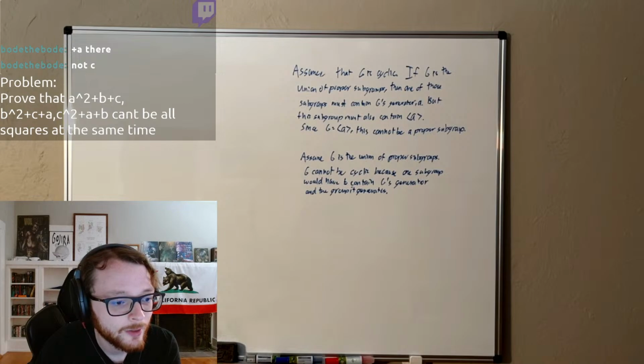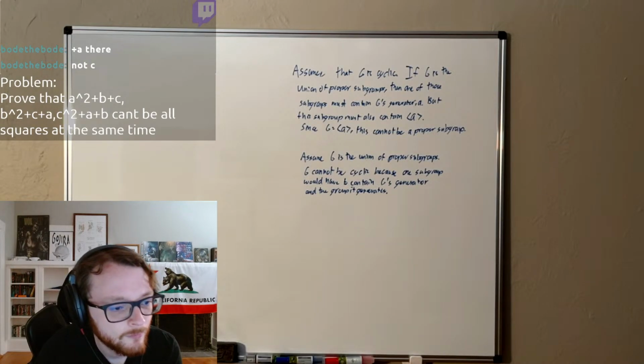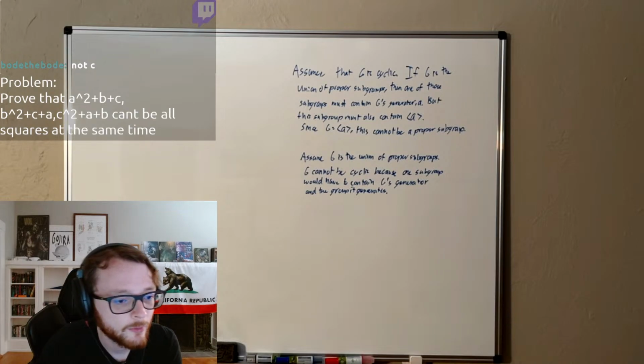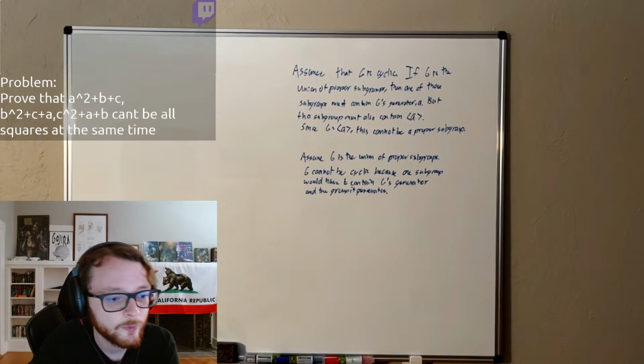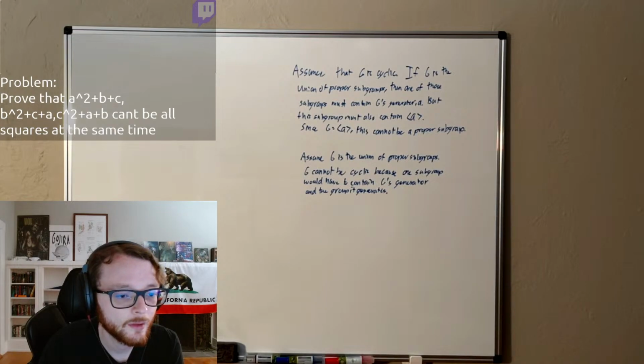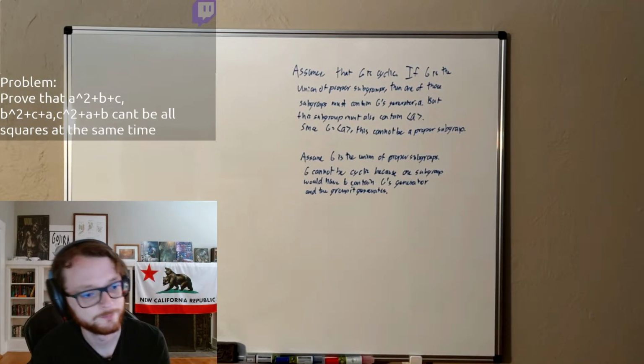So k squared is greater than c squared. Okay, yeah, so k squared is greater than or equal to c plus 1 squared. So a plus b plus c squared is greater than or equal to c plus 1 squared.